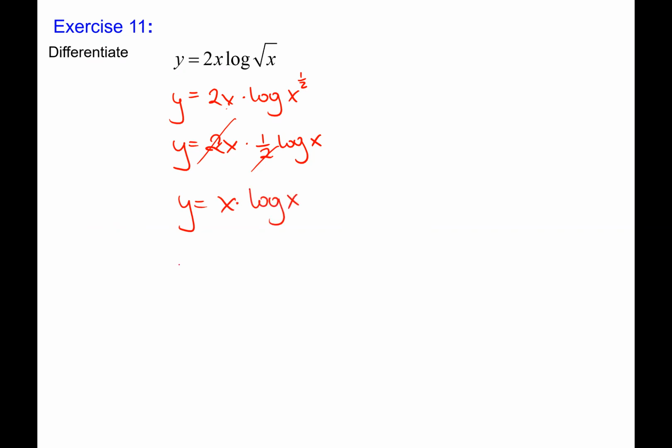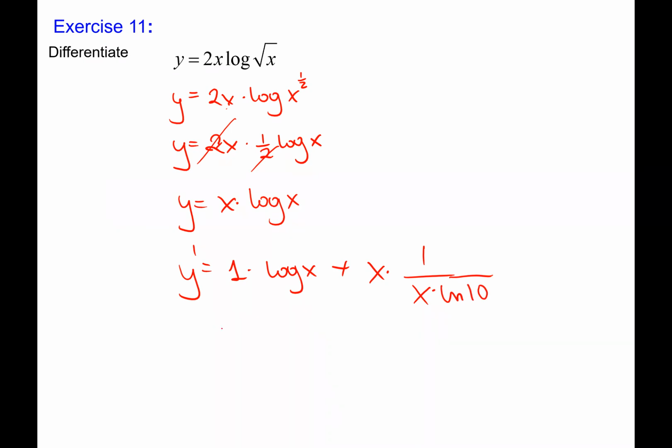Okay, product rule. Derivative of x is 1 times the second function, plus x times the derivative of the common log of x, which is 1 over x times natural log of the base, which is 10.